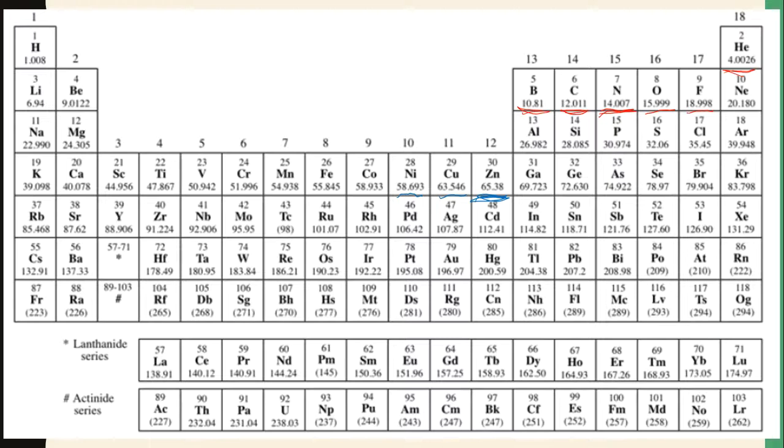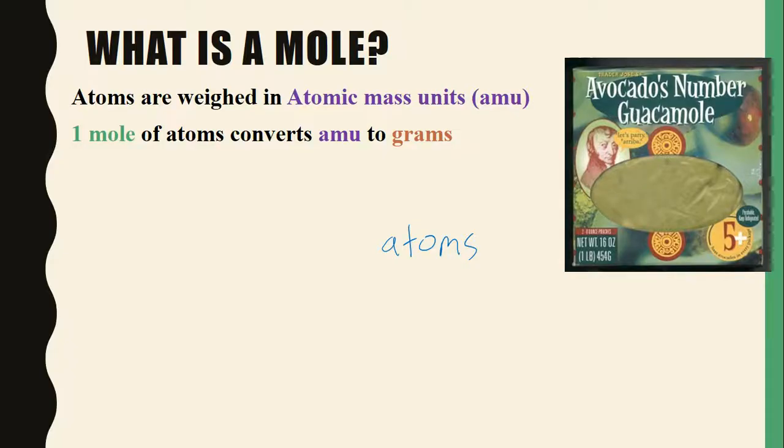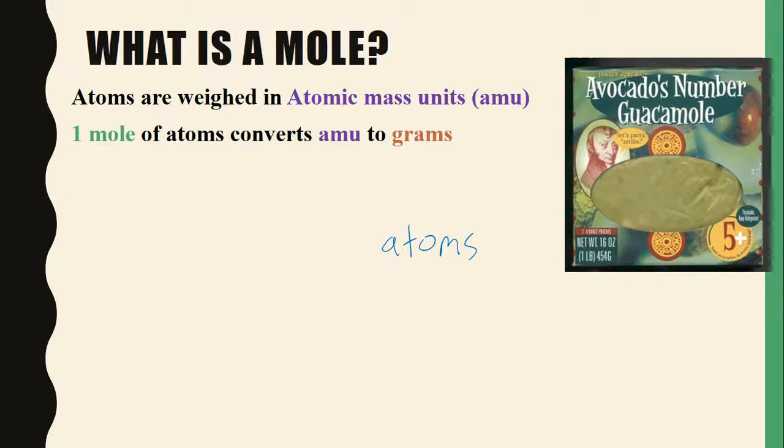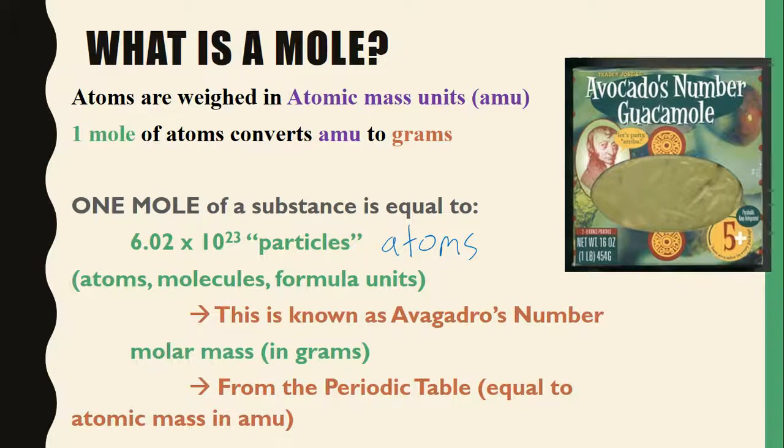And if you had 6.02 times 10 to the 23rd atoms of, say, aluminum, it would weigh 26.982 grams. So what Avogadro did was find a number that allowed everything on the periodic table to go from atomic mass units to grams. And that was a huge thing for us. So I need to stop hitting that button. That number, 6.02 times 10 to the 23rd, is known as Avogadro's number.